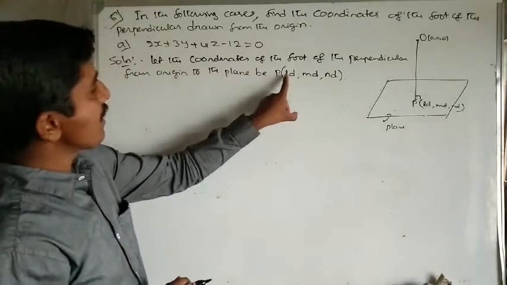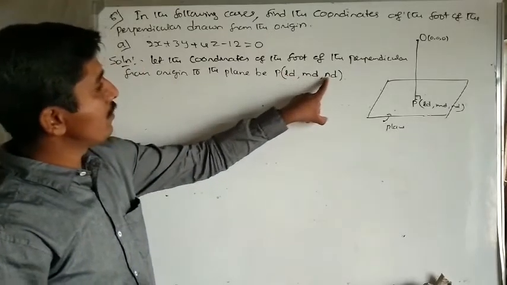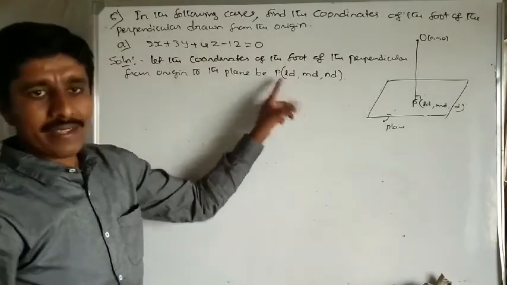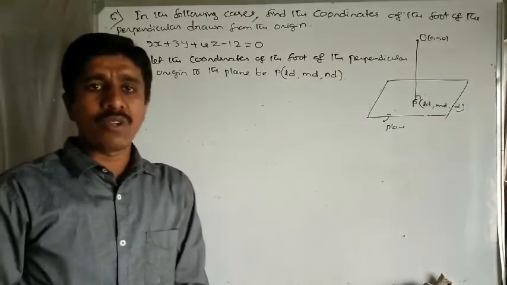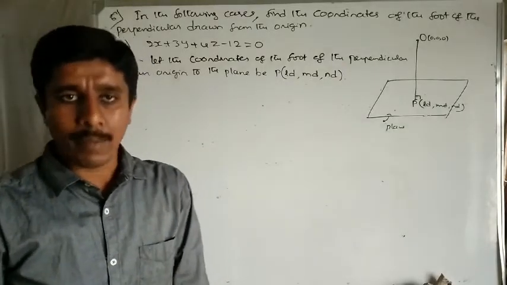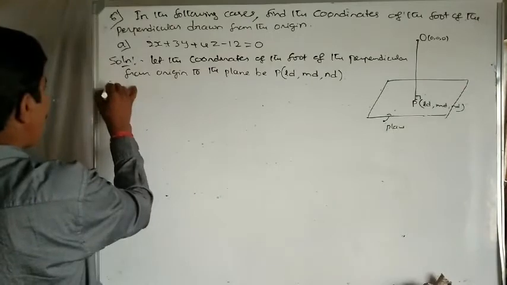We'll first find the direction cosines l, m, n of the given plane, find the distance, and write the required coordinates of the foot of the perpendicular.